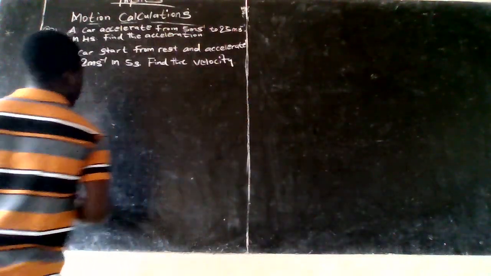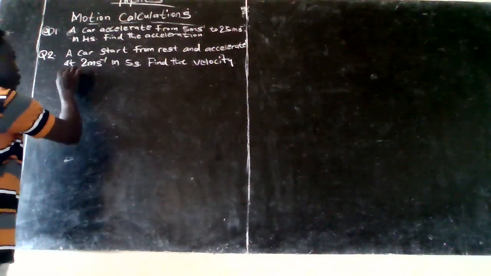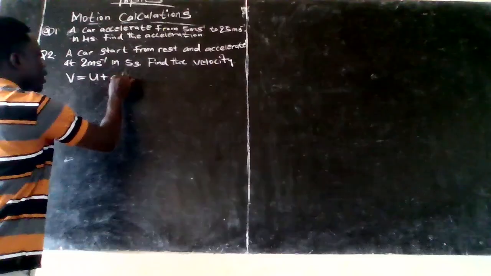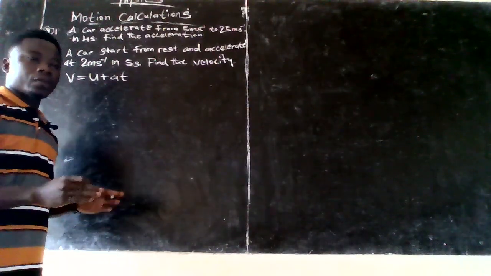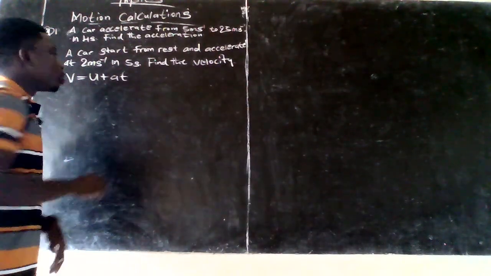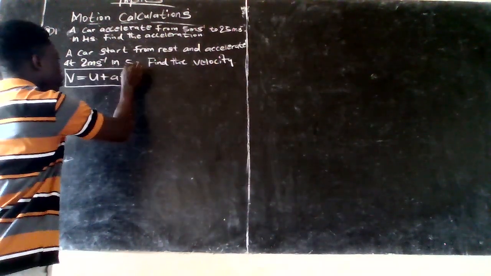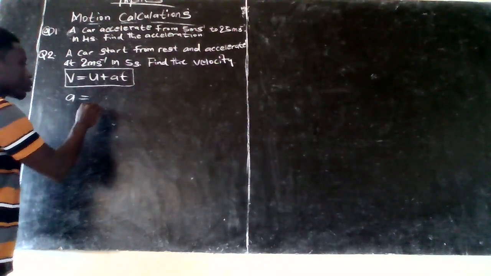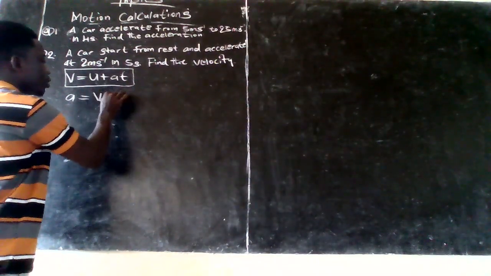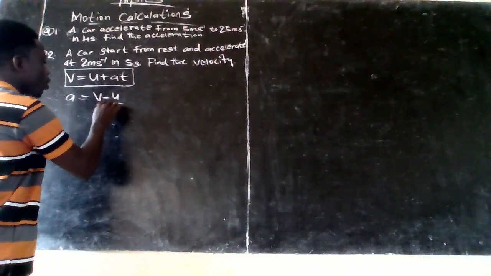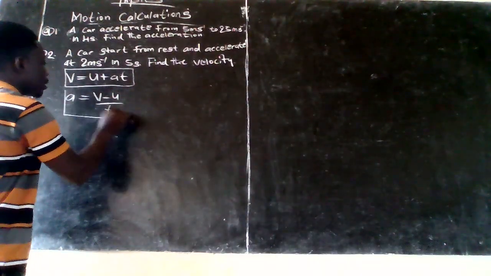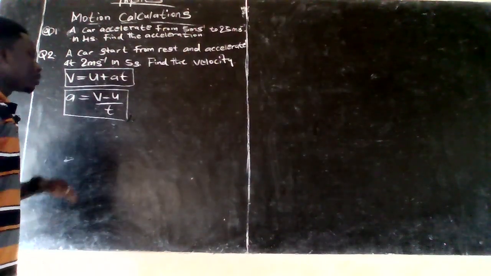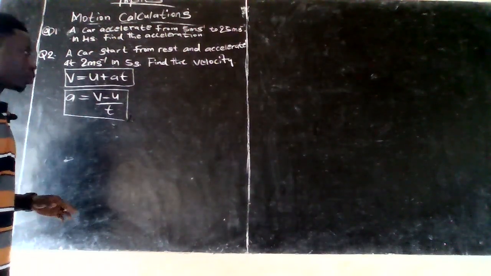Let's recall the formulas. The first one, V equals U plus AT. If you are asked to find the velocity, you use this equation. Then acceleration, A equals V minus U over T. You use this equation if you are asked to find the acceleration.